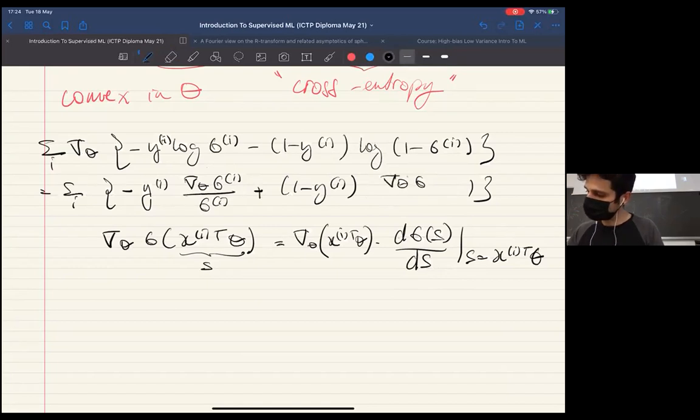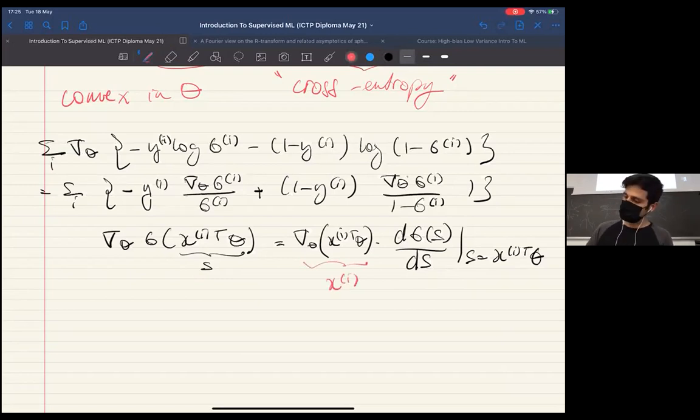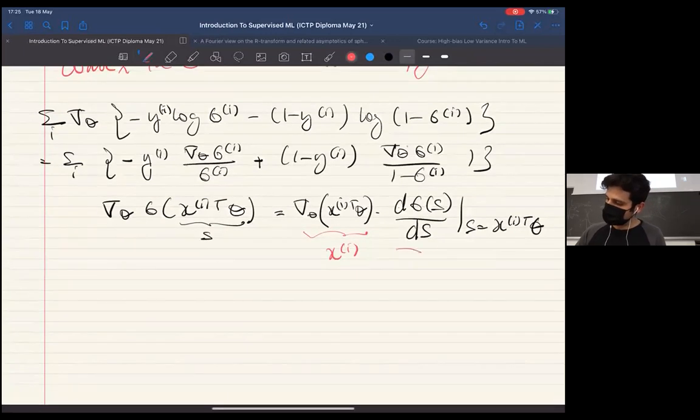Gradient of sigma over 1 minus sigma. And this gives you just xi. And the derivative of sigma with respect to S, this is an exercise, you check, it's the sigmoid in S times 1 minus sigmoid in S. All that evaluated in S equal xi transpose theta.